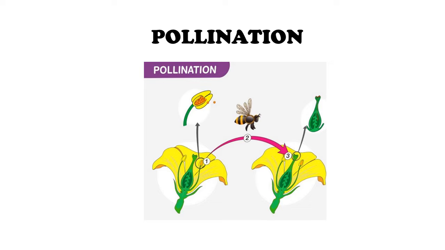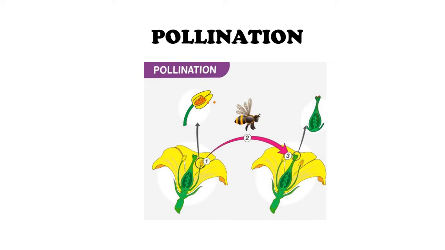Next, how does the process take place in pollination? See, the process of pollination begins when the pollen grains from the respective flower land on the stigma and form a pollen tube with a style length which connects both the stigma and ovary.